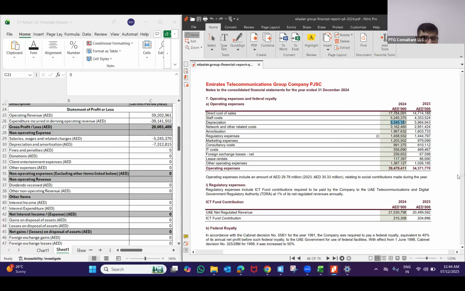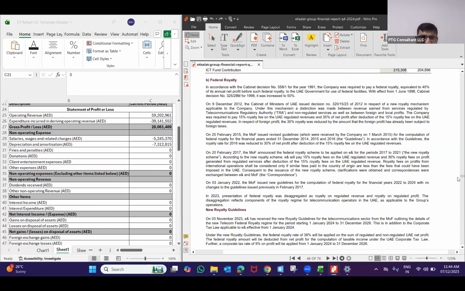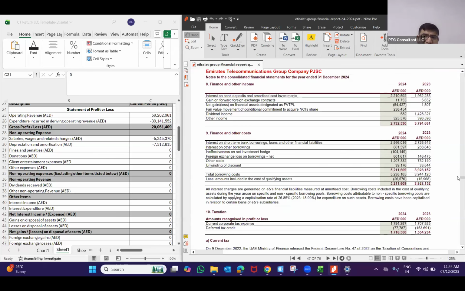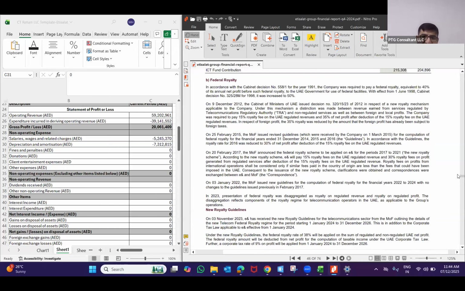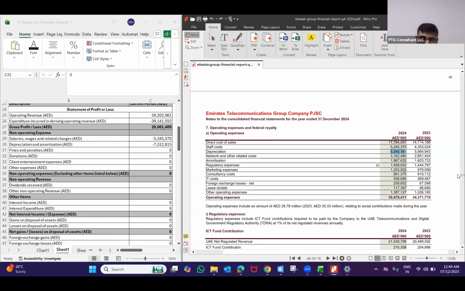See note number 11. Note number 11 is the schedule, right? Where they reported the schedule for amortization and depreciation, how the figures are getting calculated. Here they have already given the figures in the expense part. Now go back to the P&L.